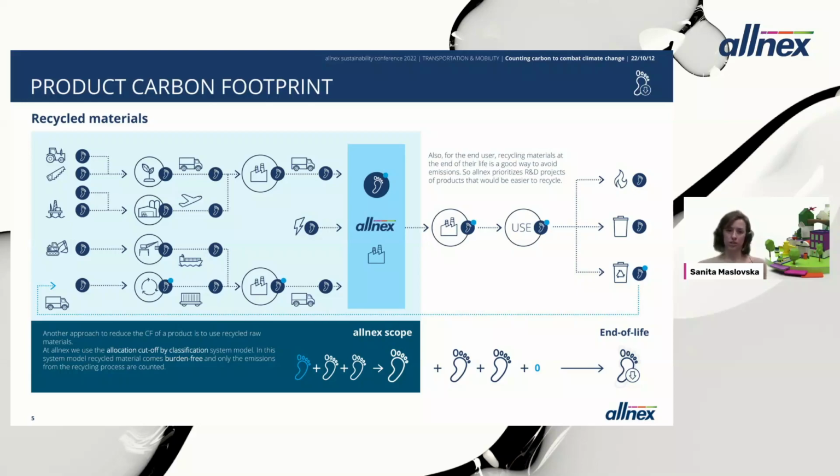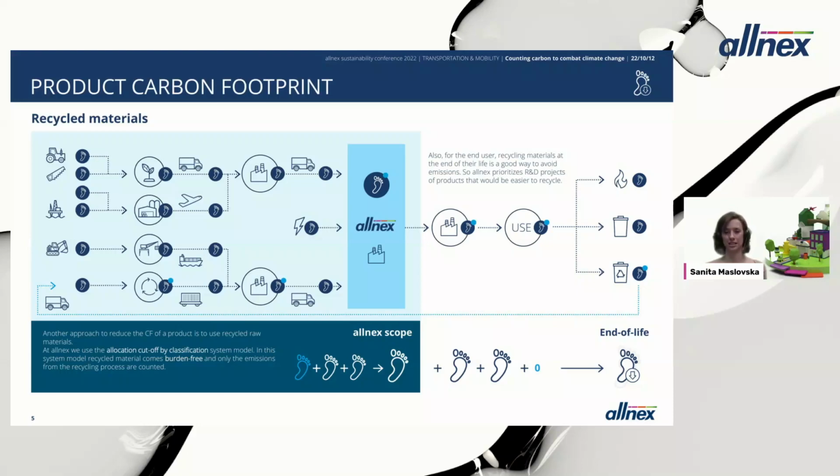If we use the allocation cutoff by classification method, and I'm using the EcoInvent terminology here, then that material, when it goes to the recycling bin, all its past sins are forgiven. Well, they're not forgiven. All the emissions are attributed to its previous life. So when it comes out of the recycling bin, it has a carbon footprint of 0.